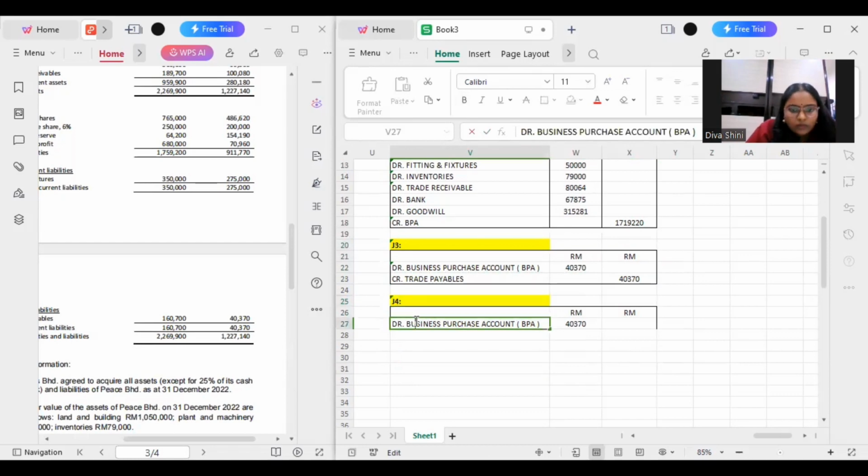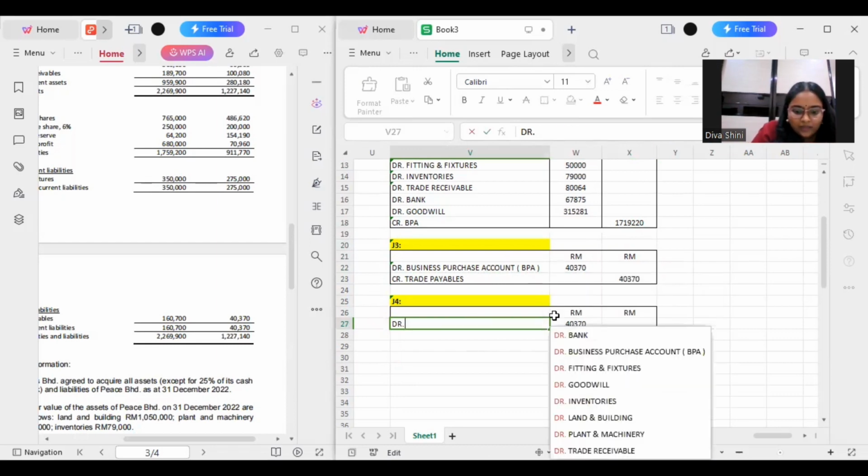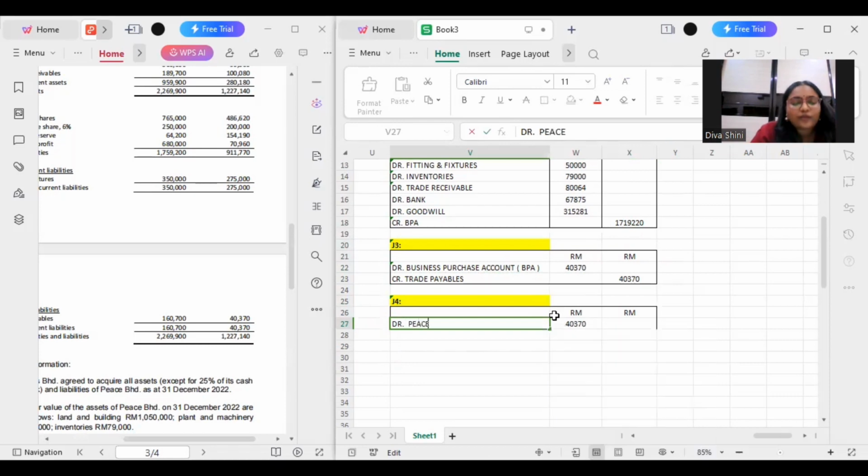Okay, the last one is journal 4. In journal 4, we need to carry out the all-in-one of PC. So first we need to debit this all from purchase consideration.